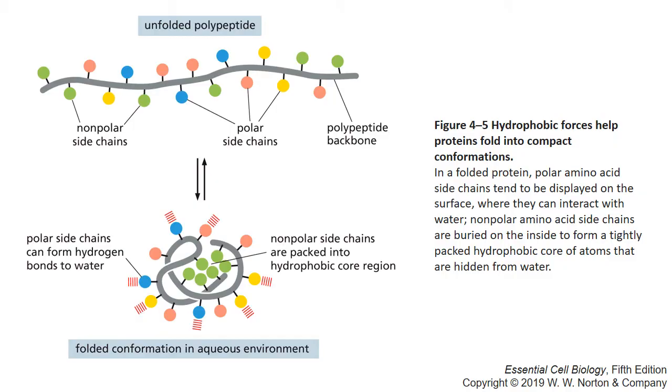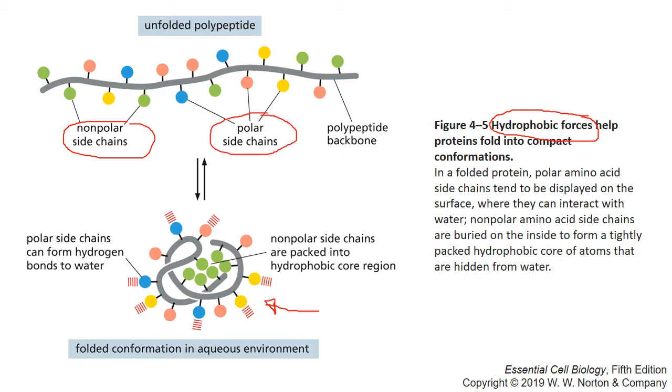So go ahead and take a look at the illustration that's on the left-hand side. And what we see happening here is the use of hydrophobic forces to make a more complex structure. And these hydrophobic forces are going to allow our polypeptide chain to form in a manner that we're able to separate the nonpolar and the polar side chains from each other.